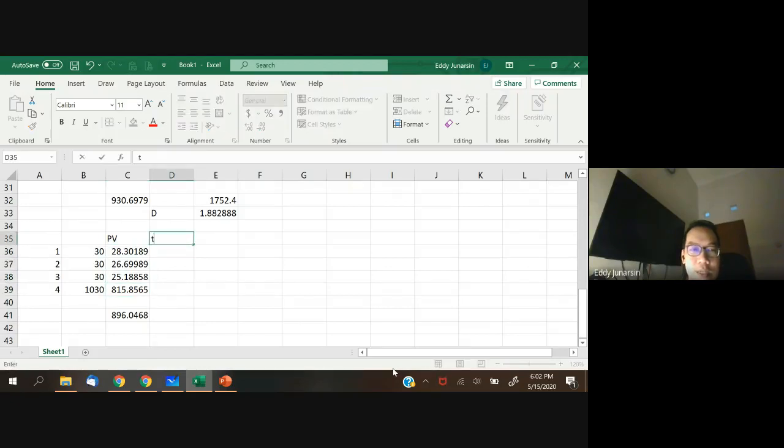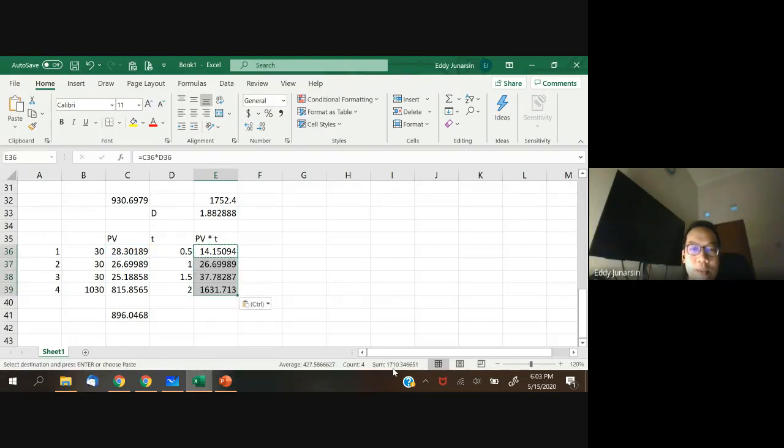Okay, and then again the same thing here, the time, right? So half a year, 1 year, 1.5, and 2 years, the real time, right? So we multiply each present value by the real time. We make a copy and paste, and then we sum them together.